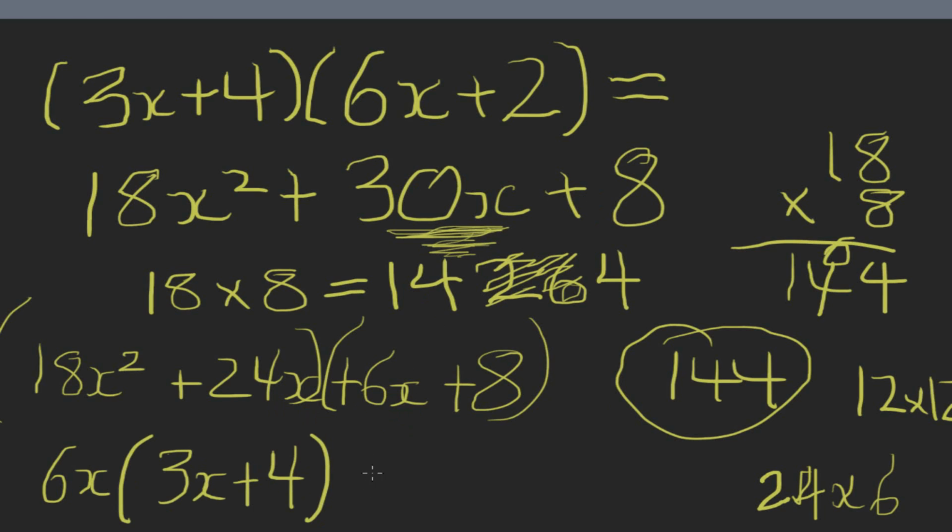And then we add, there's no x's on the 8, so it will be 2 times 3x plus 4, which is 6x plus 8. As you can see, when you get to this stage, the terms in the brackets should always equal.